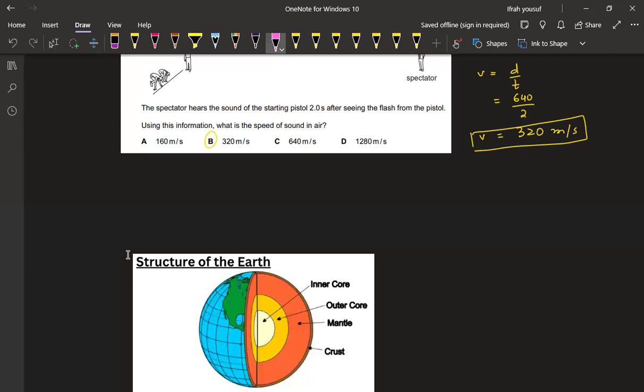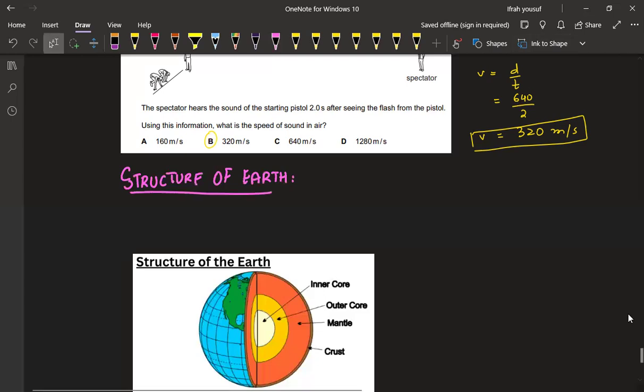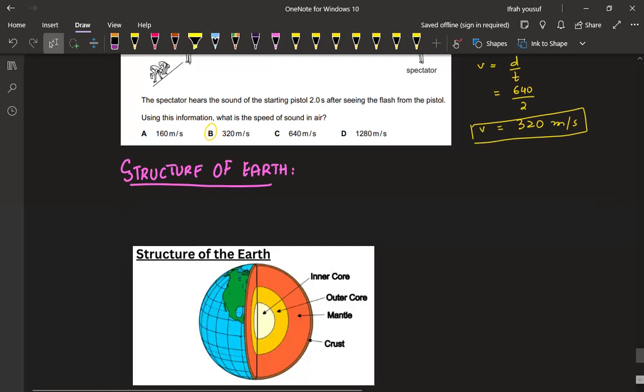I think this is going to be lecture number 7 of this chapter, Earth physics. Structure of Earth. So in this, we will be discussing what the metals that are present are.